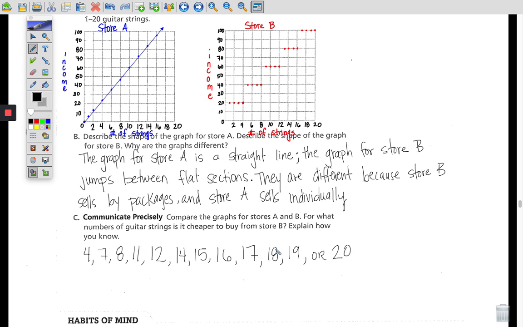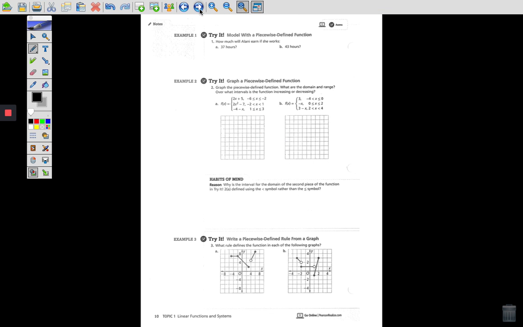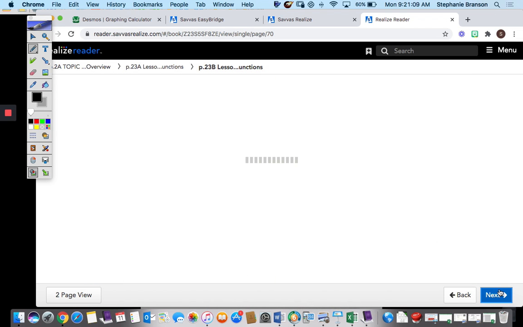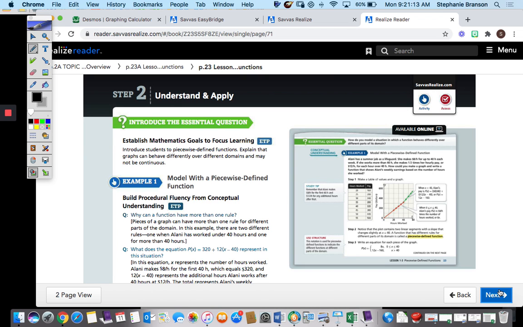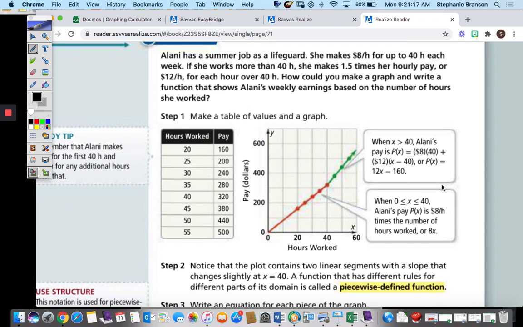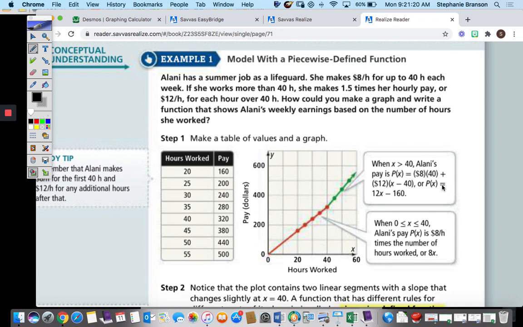Alright, let's go to page 10. Alright, that's modeling with a piecewise defined function.